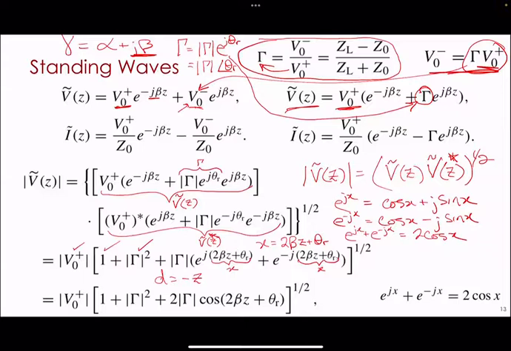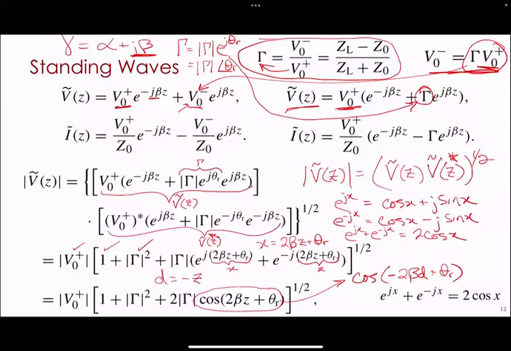So if we wrote this, let's just say that part, because that's the only part with a z in it, right? So that would turn into cos of minus 2 beta d plus theta r. Now, cos is an even function. So if I pick a number, say you punch into your calculator cos of 257, and then you did the cos of minus 257, it's the same thing.